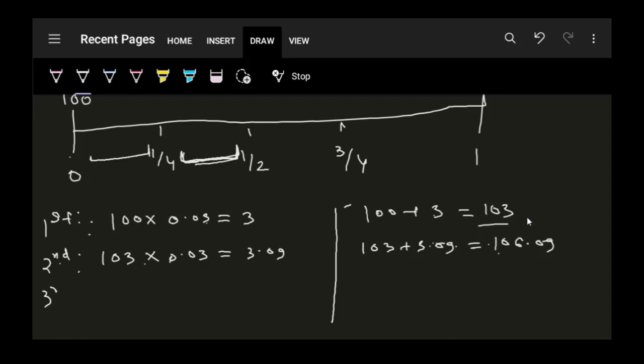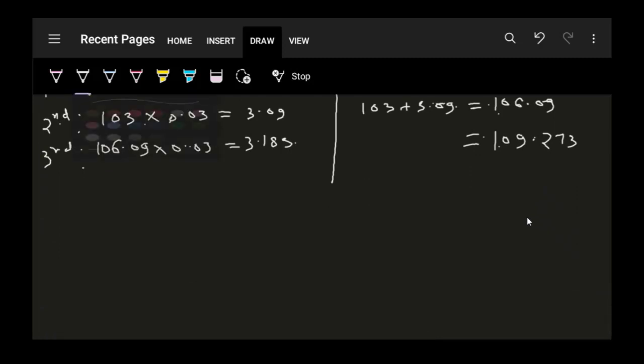Similarly, in the third quarter, I will again earn interest on this amount here. I am writing the balance amount directly because you have learned this topic in an earlier chapter, so you know.